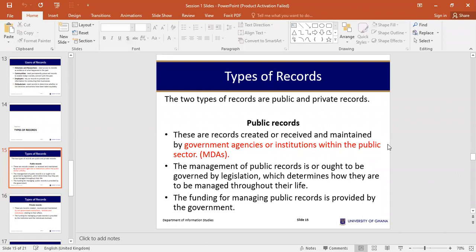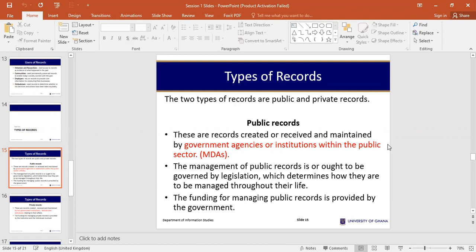Now, we say public institutions because these institutions were set up by government, by law, and they are more or less funded and resourced through budgetary allocations. The funds that go through the budget are allocated through the budget and gotten from the general public.